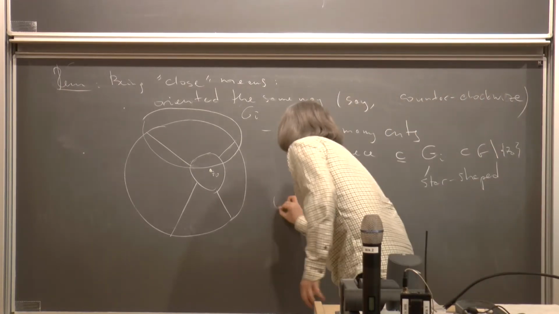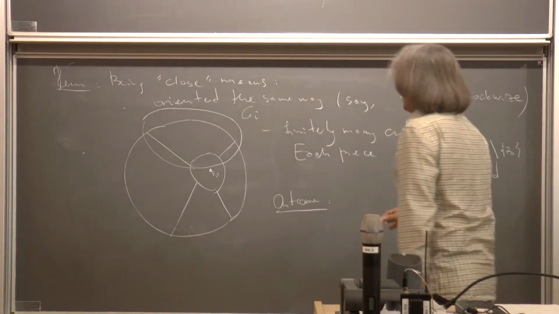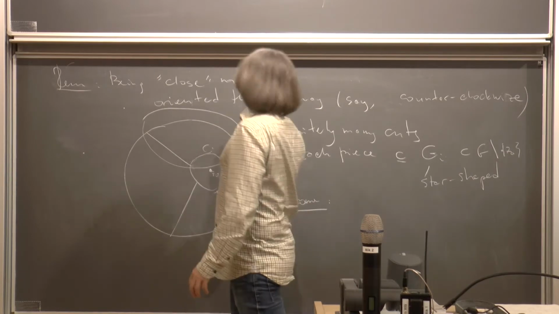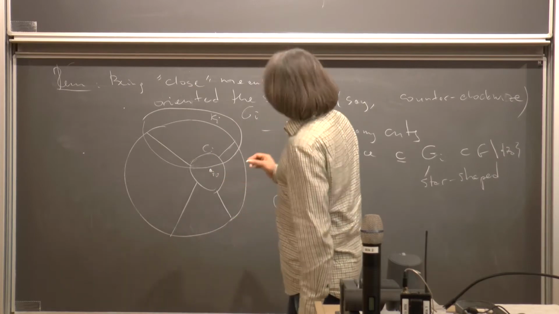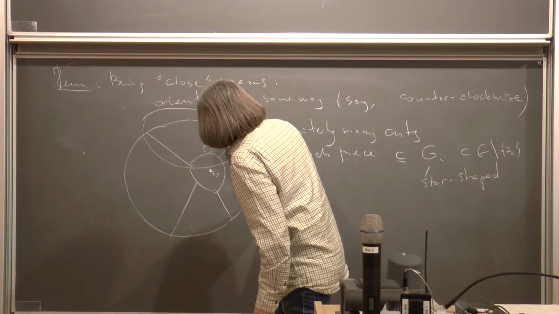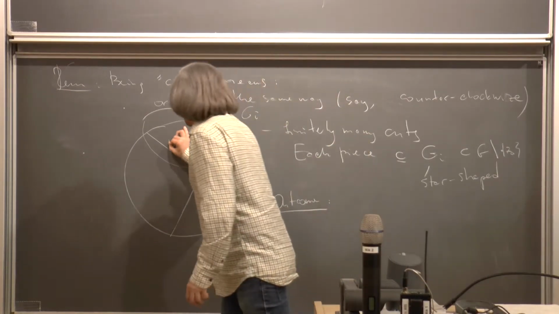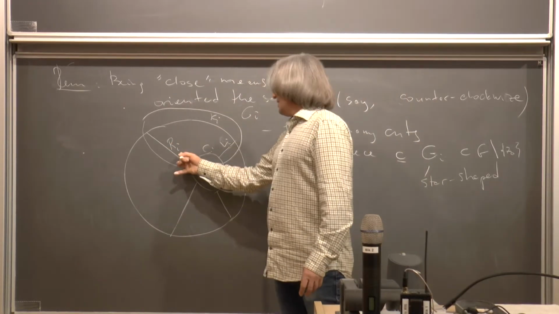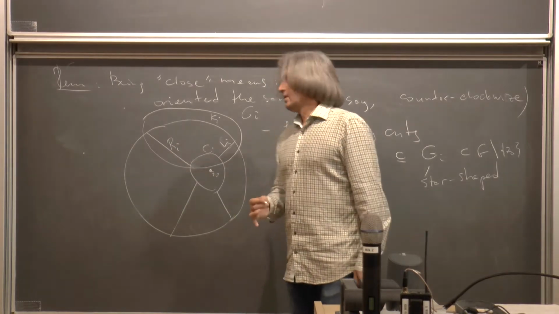But the outcome: call this piece Ci, this piece Ki, this piece Li for left, and this piece Ri for right. And of course, Ri equals Li plus 1, because they go one after the other.